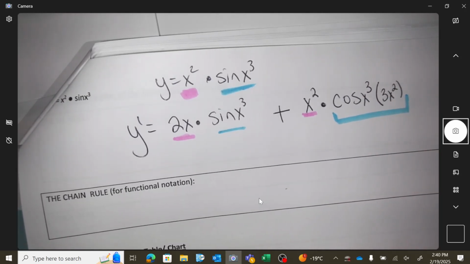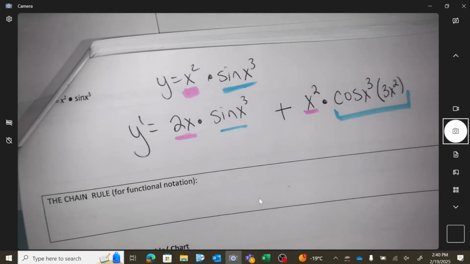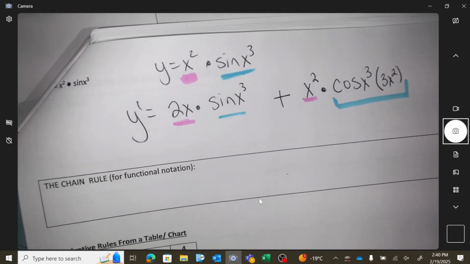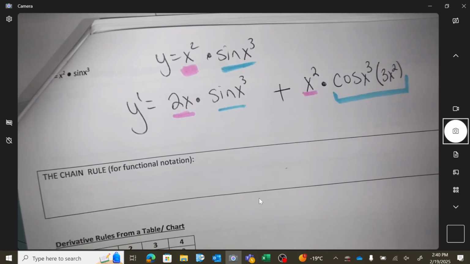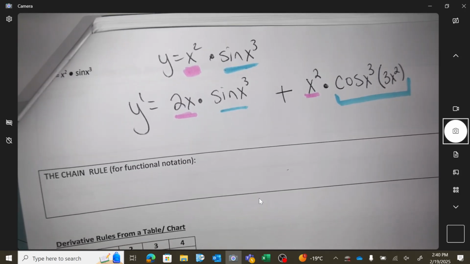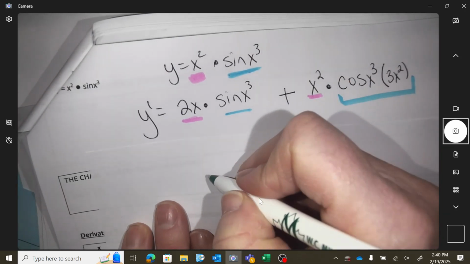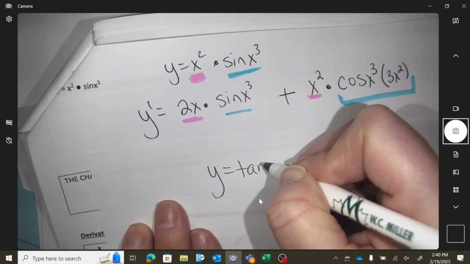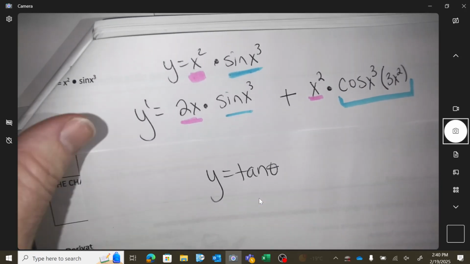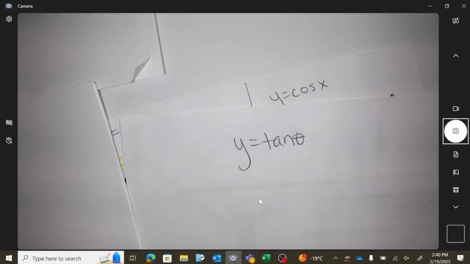Okay, how does that seem? Okay, I'm going to give you one little thing to think about here too. What if I did some blank paper here? What if I gave you tan theta?